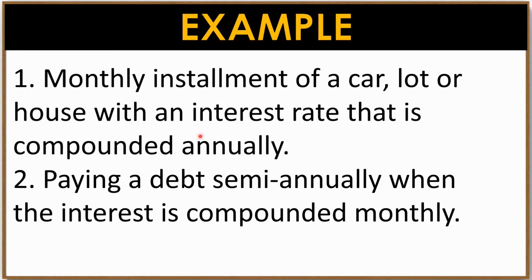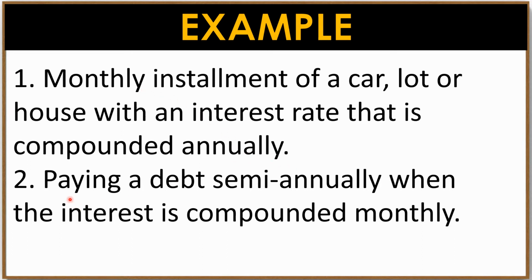So, monthly installment of a car, lot, or house with an interest rate that is compounded annually. So, as you see, our payment interval here is monthly. But, our compounded period is annually. So, they are different. Monthly and annually.